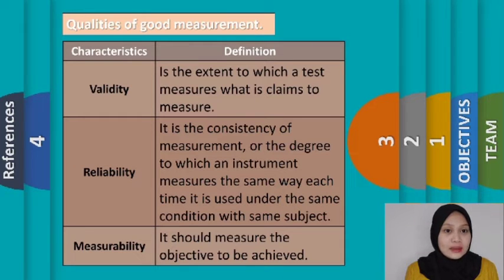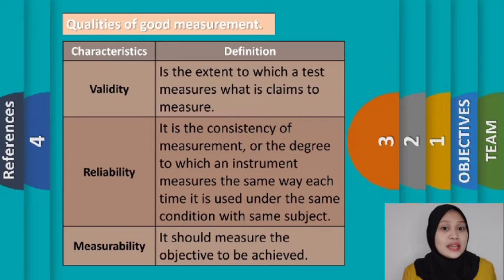Next one is the reliability. Reliability is the consistency of your measurement, or the degree to which an instrument measures the same way each time it is used under the same condition with the same subjects.